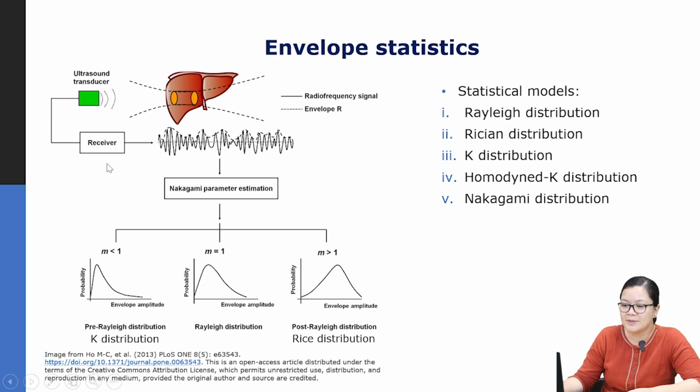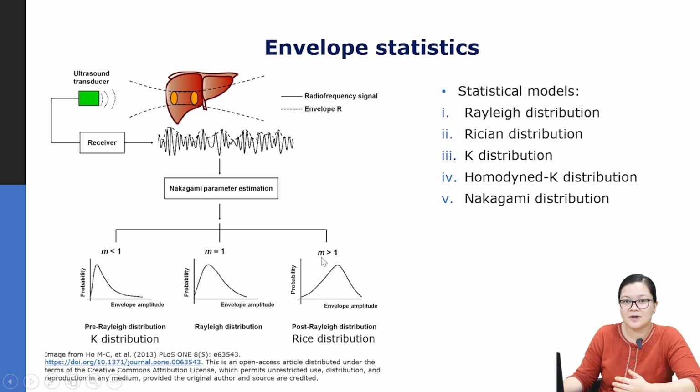And what is being shown on the left schematic here is just an example implementation of that. So the Nakagami distribution parameter, M, is being displayed here, where if M equals 1, then you get a probability distribution function of the envelope amplitude that is similar to a Rayleigh distribution. Now, if M is less than 1, then the probability distribution function becomes a pre-Rayleigh or a K distribution.